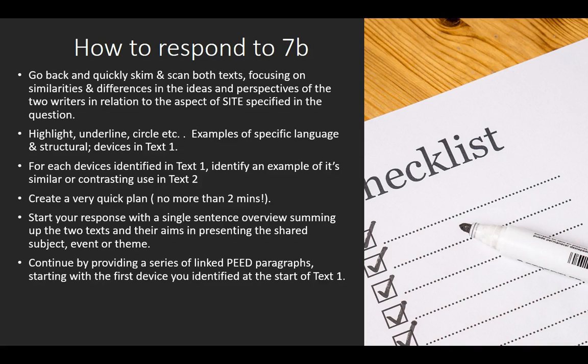Then you work your way through providing a series of linked PED paragraphs, and as with the evaluative response, you need to start at the beginning of these texts. You need to work your way through and deal with the text as a whole. So start with the evidence that you've seen from early on in the text, and then work through.